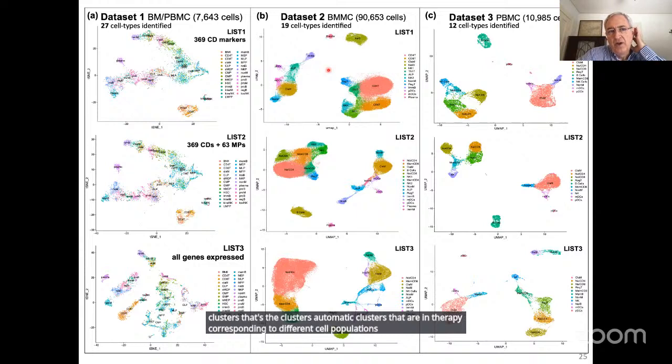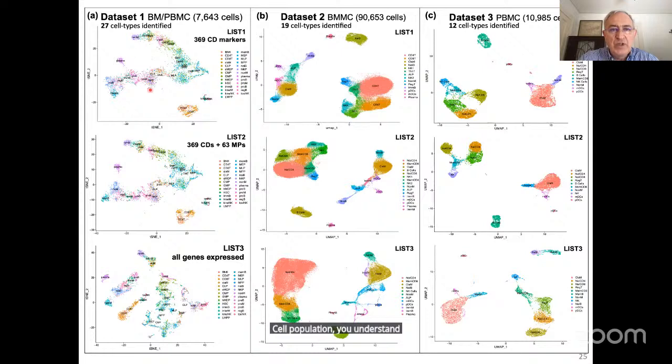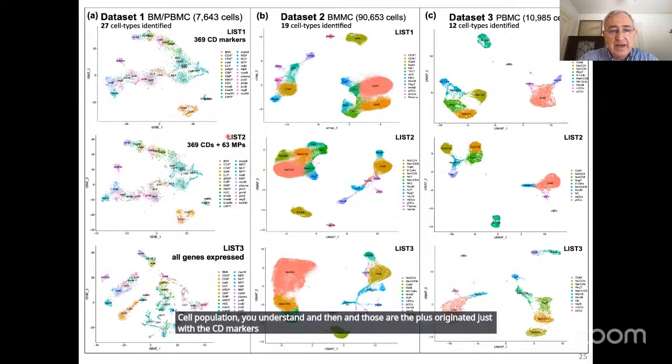For that reason, we could say 27 cell populations, or 19 cell populations, or 7 cell populations, you understand? And those are the plots originated just with the CD markers, plus 63 membrane proteins that we identified that were very good markers, or with all the expressed genes.